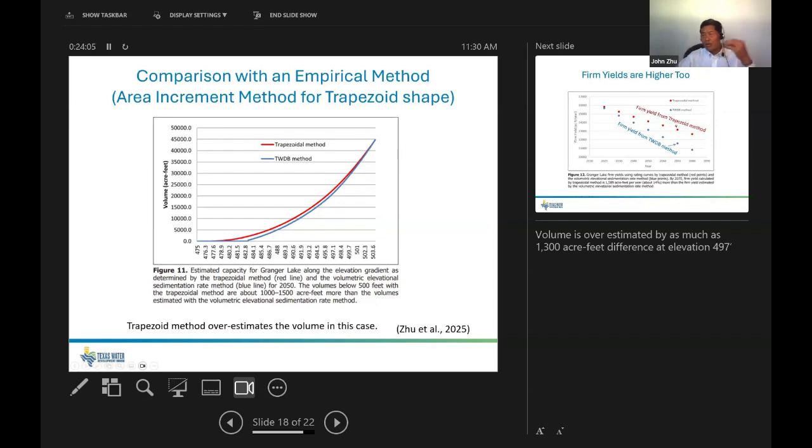Then we have our 2050 reaching curve too, that blue is our reaching curve. At the top of the conservation pool, the total sediment is equal, so the capacity for both methods is the same. However, if you go down in the reservoir, the reservoir volume is higher than ours. So this is the projected reaching curve difference.